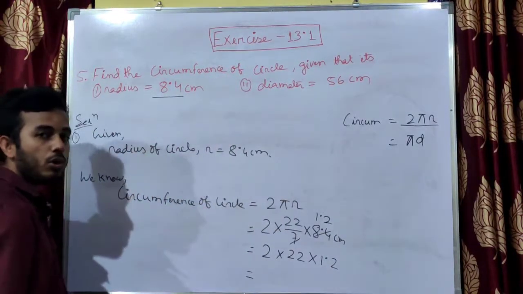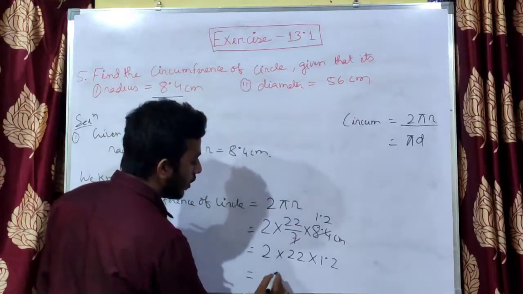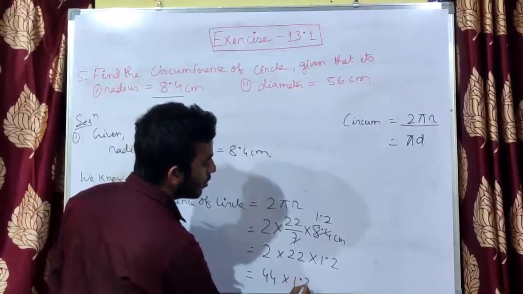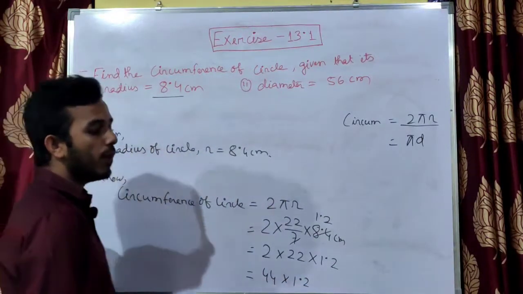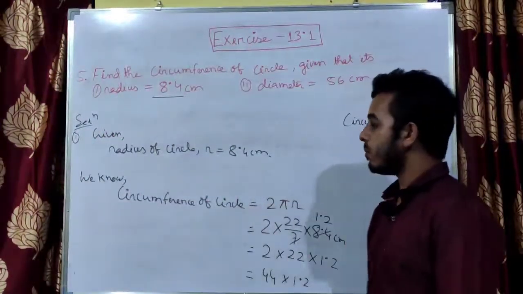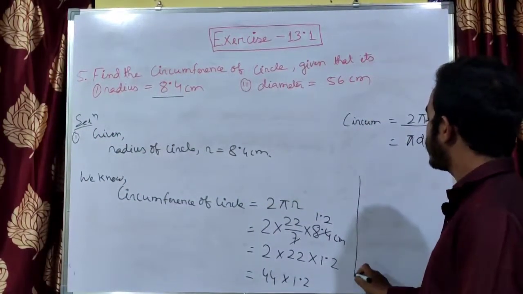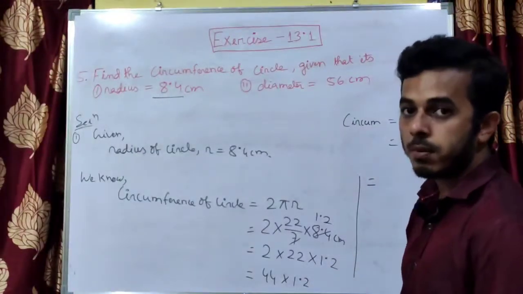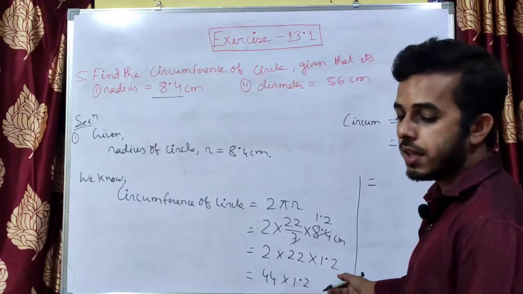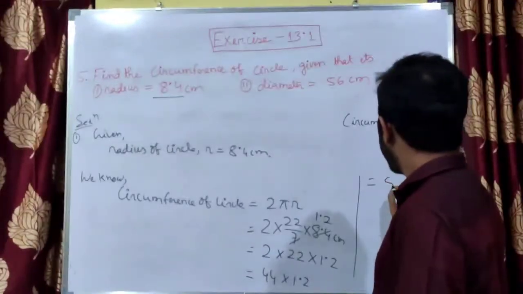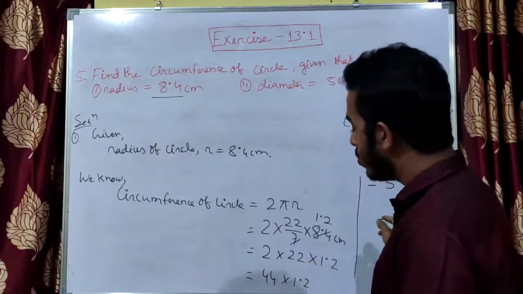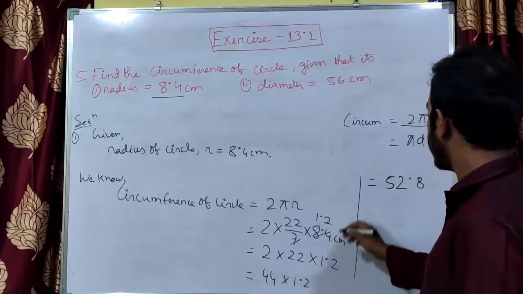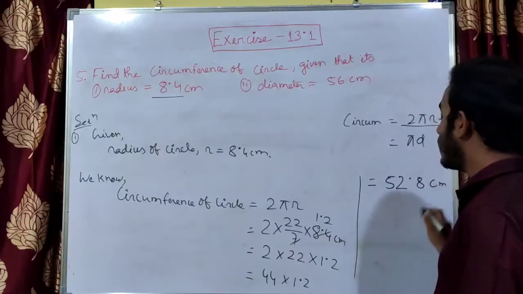So now we will multiply 2 into 22 into 1.2. So 2 into 22 is how much? 44. Then 44 into 1.2. If we multiply 44 with 1.2, the result will be 52.8. Okay, 52.8 centimeter.